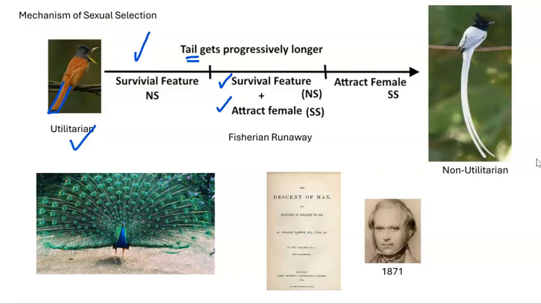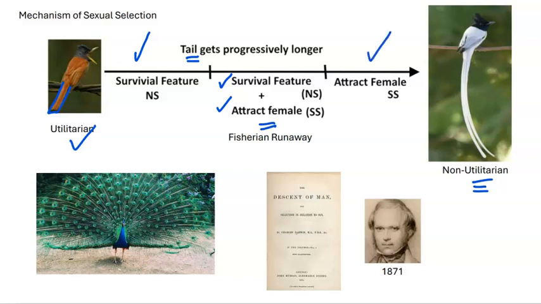Eventually, as the mechanism operates, those individuals with the best tails attract more females, and of course the genes for better tails become selected at the expense of the shorter tails, until we end up with this extreme non-utilitarian example of the tail feathers of the bird here.